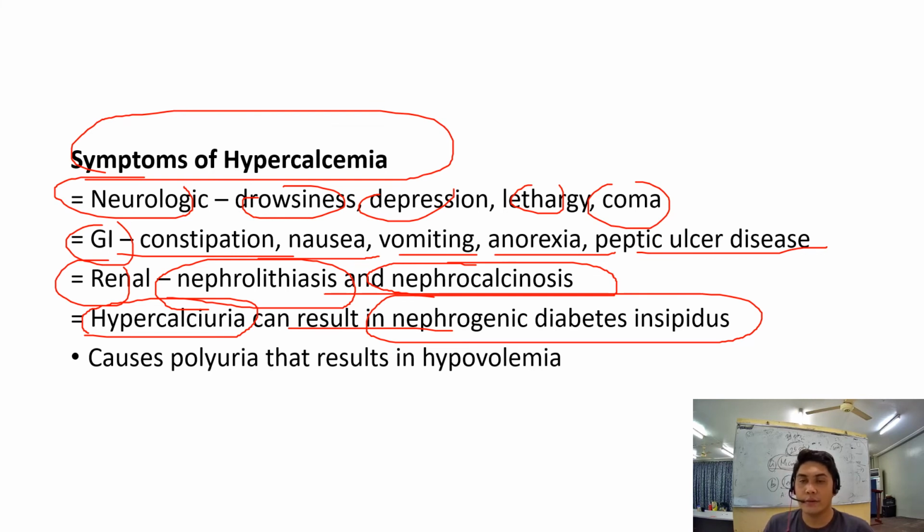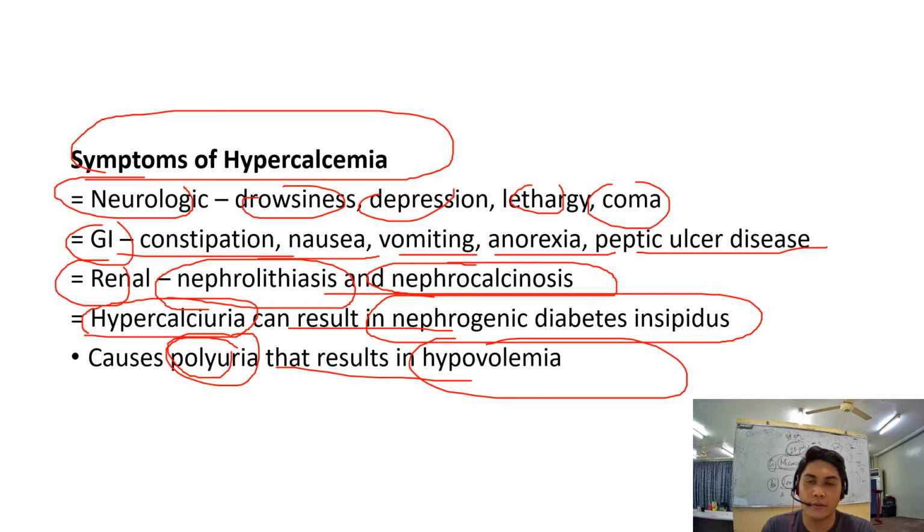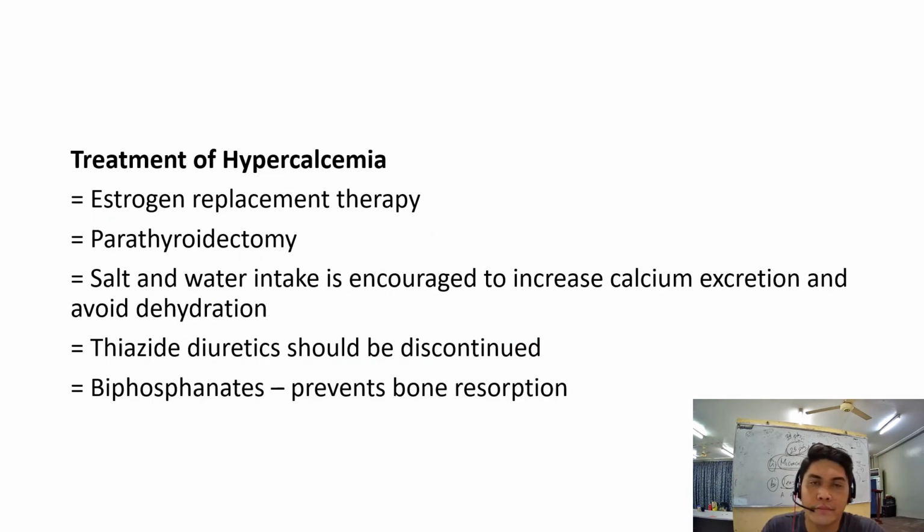So polyuria. Hypercalciuria causes polyuria, and that polyuria will result in hypovolemia. So there's a decrease in blood volume due to polyuria. Okay, so what are the treatments for hypercalcemia?